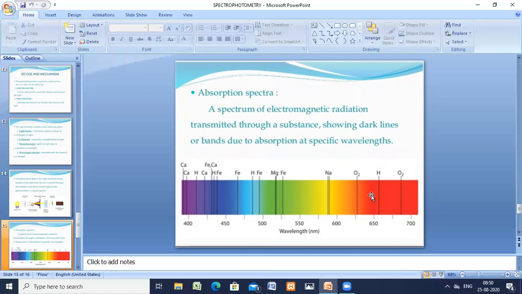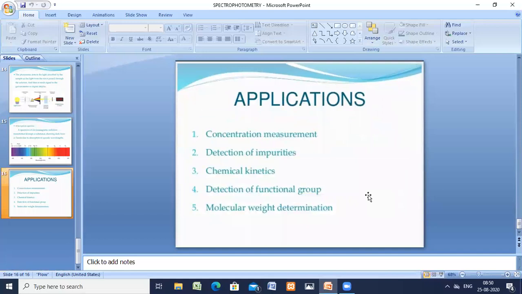Now we'll go to the applications of the spectrophotometer and Beer-Lambert's law. Quantitative analysis and concentration measurement can be done.